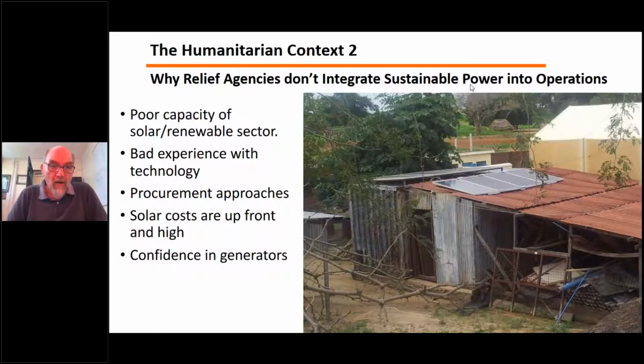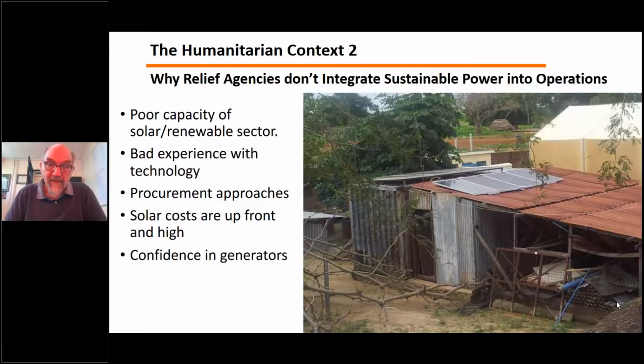A lot of the companies that want to get the jobs don't have the capacity to provide a solution which can meet the strict requirements of the humanitarian agency. A lot of humanitarian agencies have had a bad experience with technology. That picture is a 2 kilowatt solar system that was installed at great expense by NRC, Norwegian Refugee Council, and it's not working. It never worked, and it's because the inverter had a fault and nobody could fix it.